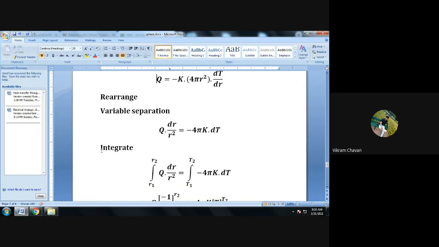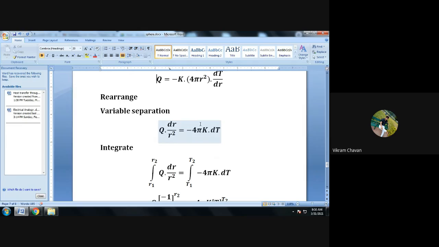We will get Q multiplied by dr divided by r square is equal to minus 4 pi K multiplied by dT.